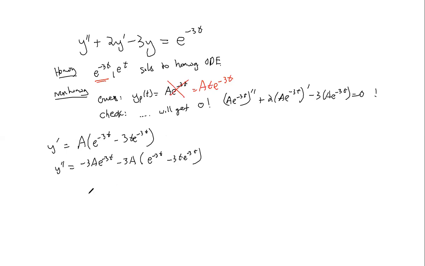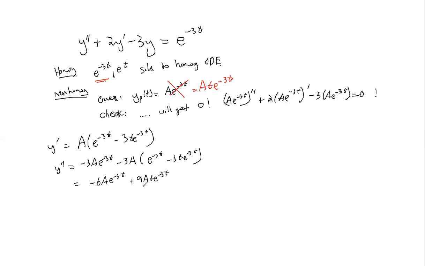Second derivative. So you get, okay, and so you can just take this and add 2 copies of the first derivative and subtract 3 copies of the original one and set that equal to e to the negative 3t.